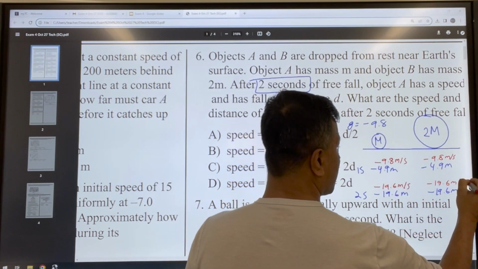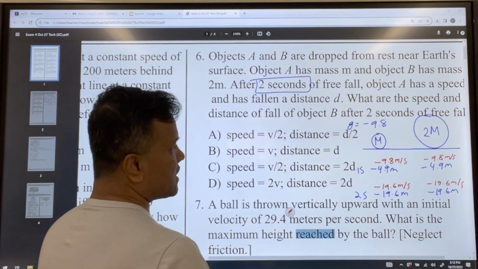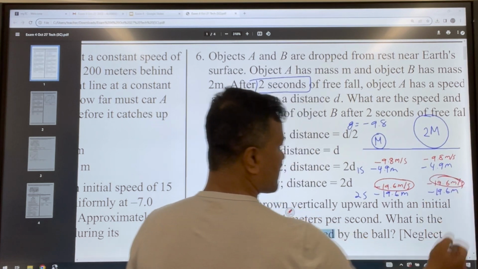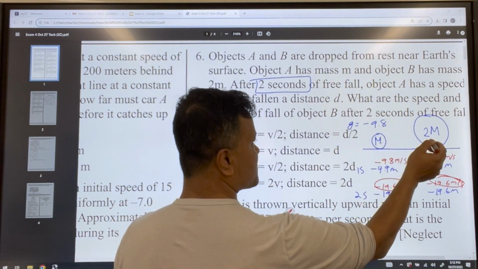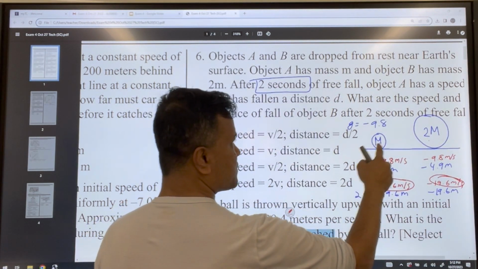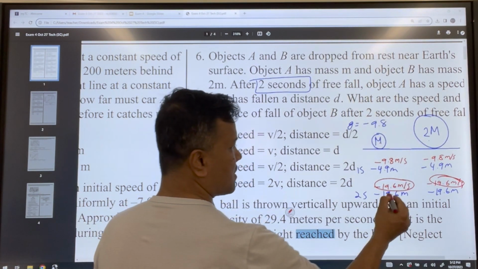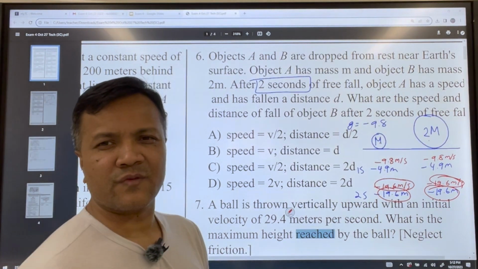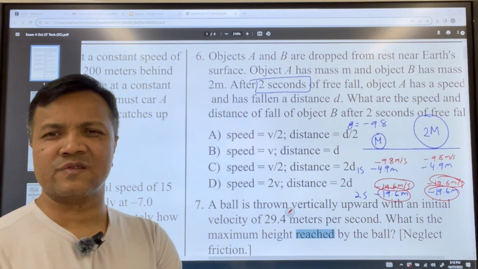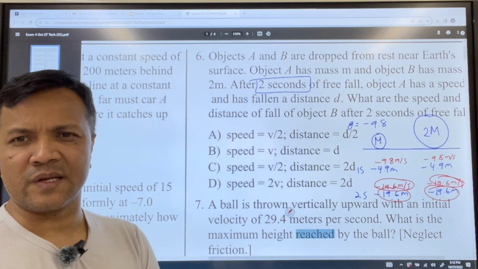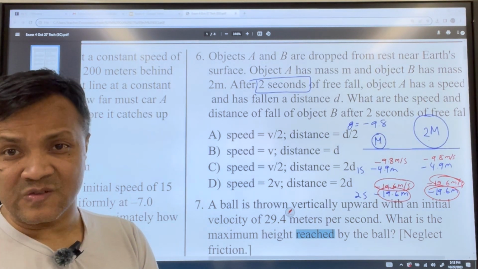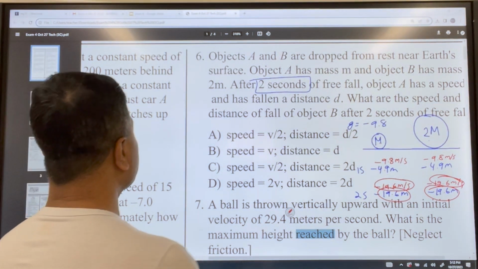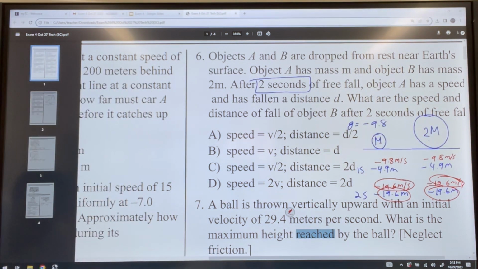So as you see, the velocity at the end of 2 seconds would be the same for the small object and big object. If you double the mass, it doesn't affect the distance it falls. It falls the same distance at the end of 2 seconds, and it also gains the same velocity at the end of 2 seconds. That takes us to problem number 7.